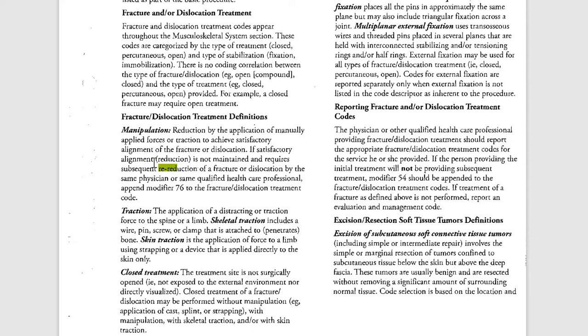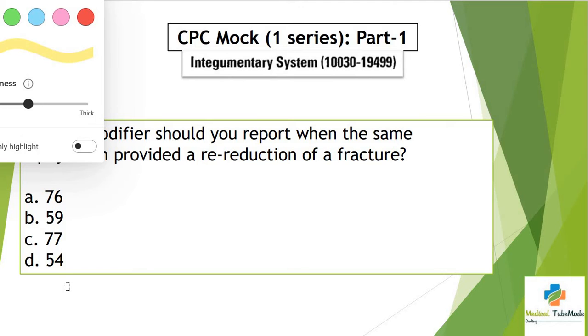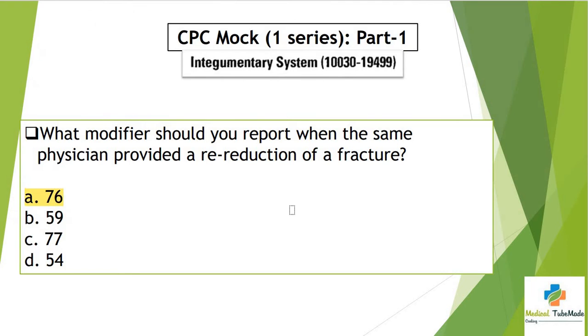If the satisfactory alignment reduction is not maintained and requires subsequent reduction of the fracture or dislocation by the same physician or same qualified healthcare professional, then append modifier 76 to the fracture dislocation treatment code. So if you read and come here correctly, you will find the answer is very simple, 76. So the correct answer is 76, option A.